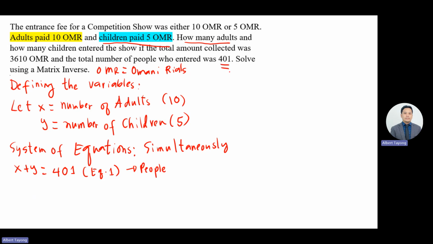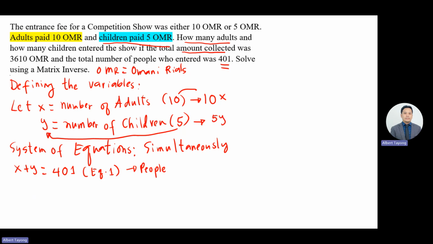Now let's talk about the amount collected. The total amount collected was 3,610. So adults paid 10 Rials. That would mean that our first term is 10x. We multiply 10 by the number of adults. And the second term will be 5 times y.